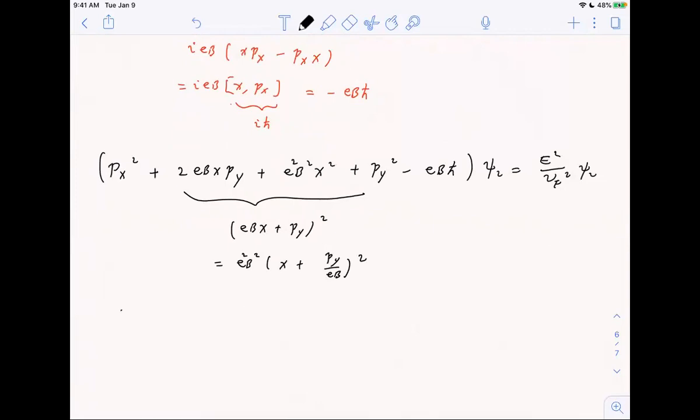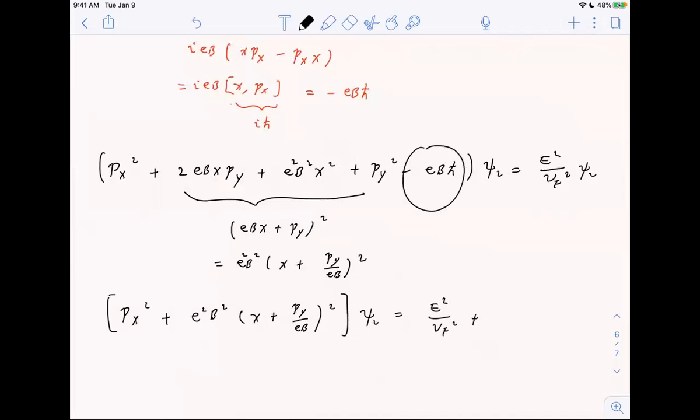Okay, so you can write it as this plus e squared b squared phi 2. So you can move this term. This is a constant, so you can move it to the other side.